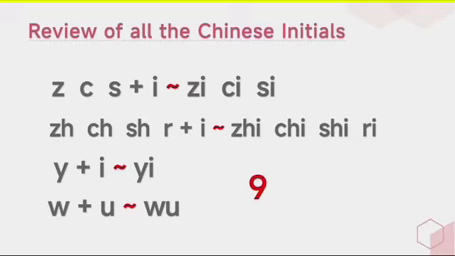Among all the initial consonants, 滋, 呲, 丝, and 知, 吃, 诗 are the trickiest to pronounce. So before we finish the period, let's focus on these tricky sounds so that we can pronounce them without difficulty in the future.